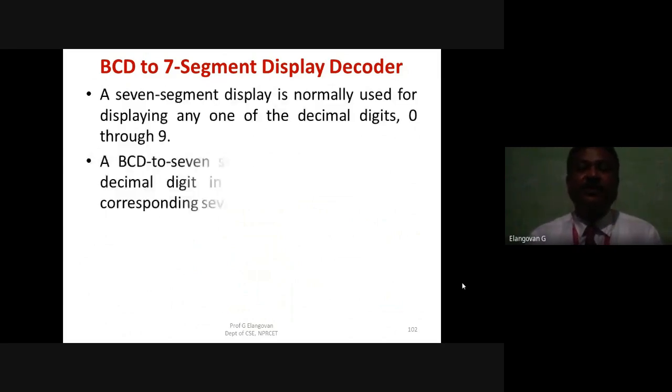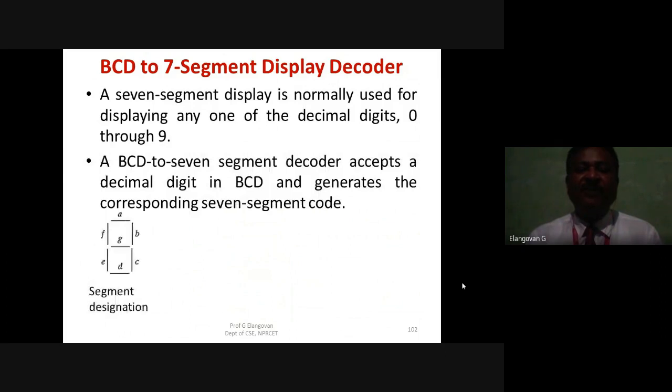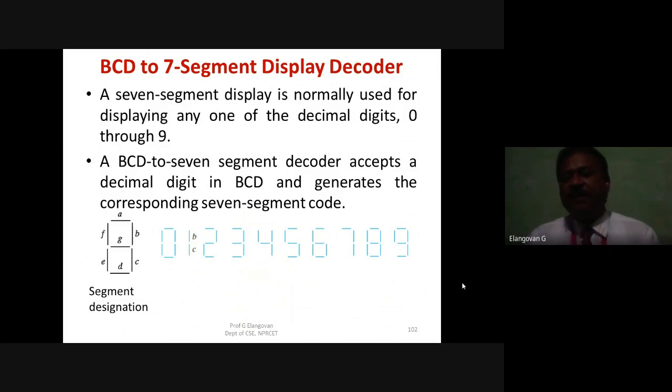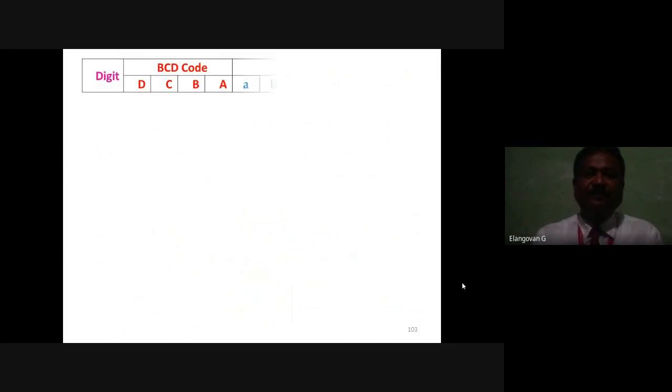The decimal numbers 0 to 9 will look like this. This is a well-known thing. It has the 7 segments A to G, and which segment is to be turned on or off has to be decided, so that accordingly the BCD number is displayed on the 7 segment display.